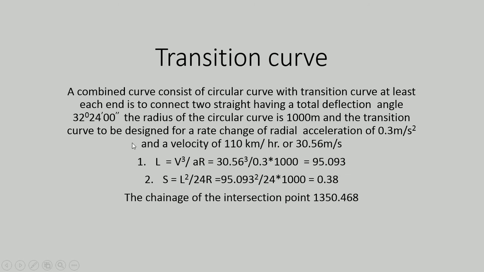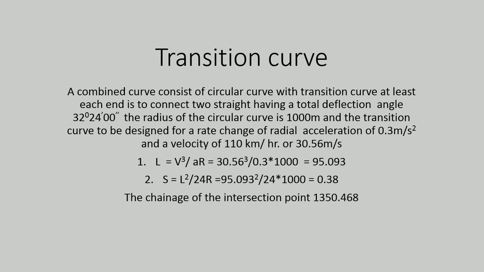So we have to calculate the transition curve. The transition curve length must be known, the shifting must be known, and the change of intersection point must also be known. The radius and the deflection angle are the design parameters. The change is in the road alignment.